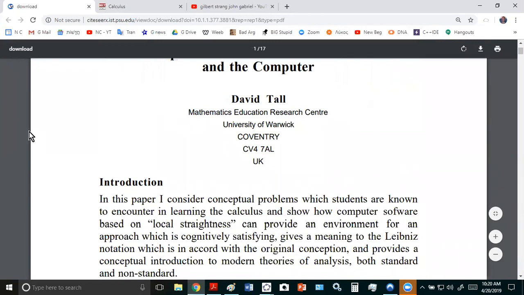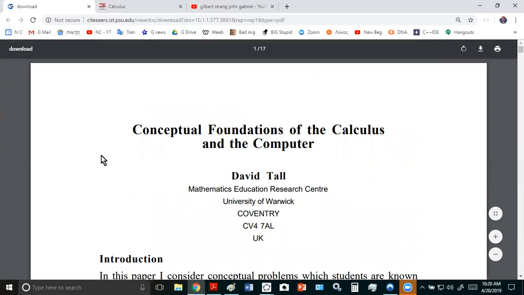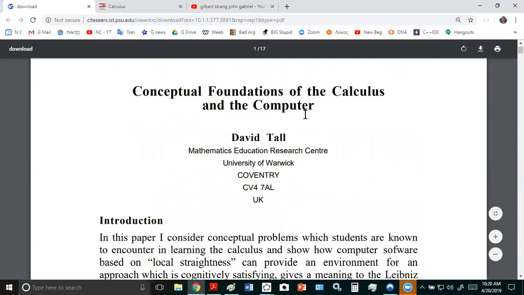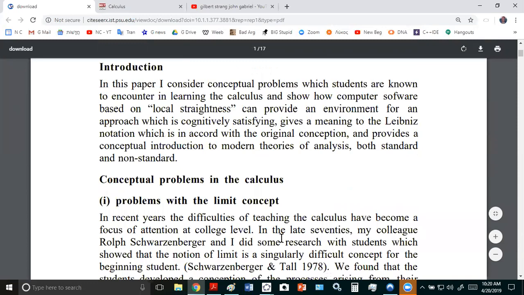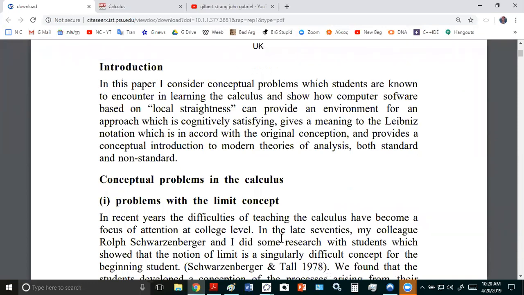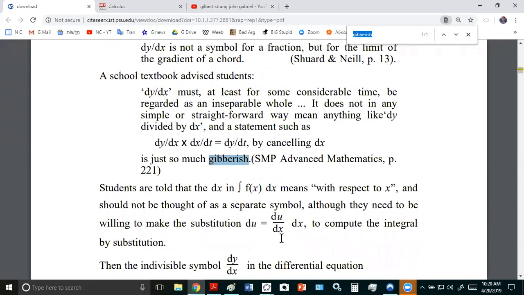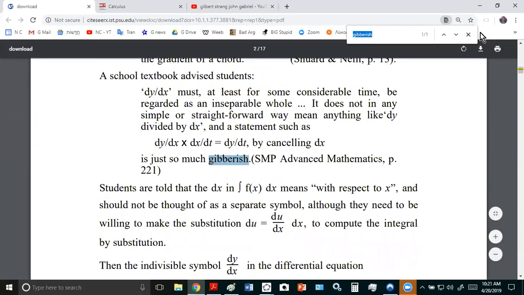It's mentioned in this paper by David Toll, a mathematics education researcher from the University of Warwick, called Conceptual Foundations of the Calculus and the Computer. Actually, his article is not really interesting. The only reason I pulled it up is because it contains the passage in Sheward's book which caught my attention when I first read it.